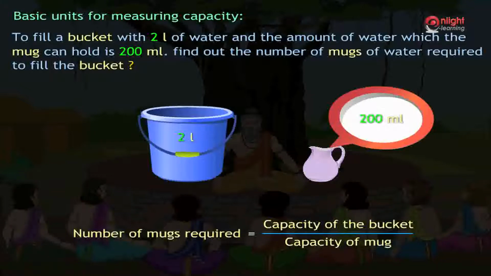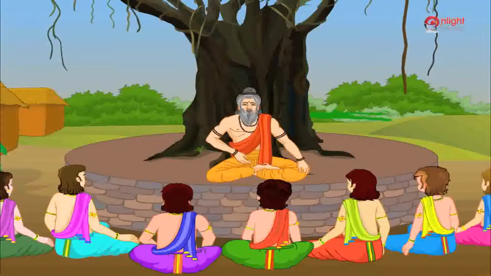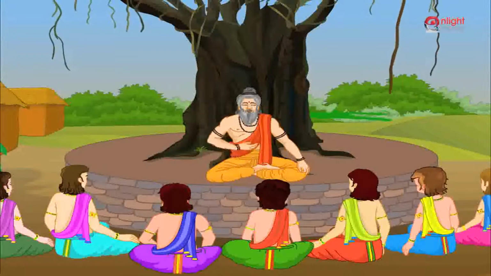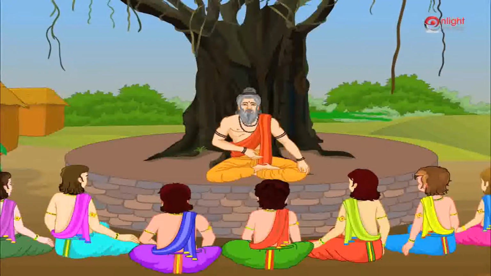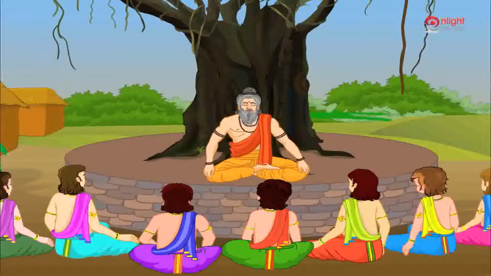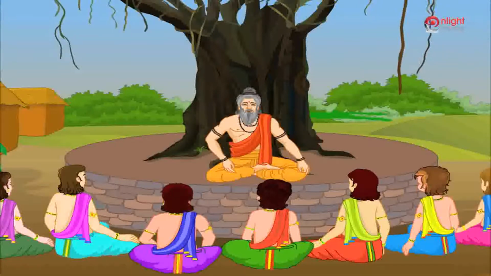But the water capacity of the bucket is measured in liters, whereas the water capacity of the mug is measured in milliliters. It is therefore necessary to convert them into a common unit, that is, either convert the water capacity of the bucket to milliliters or express the water capacity of the mug in liters.